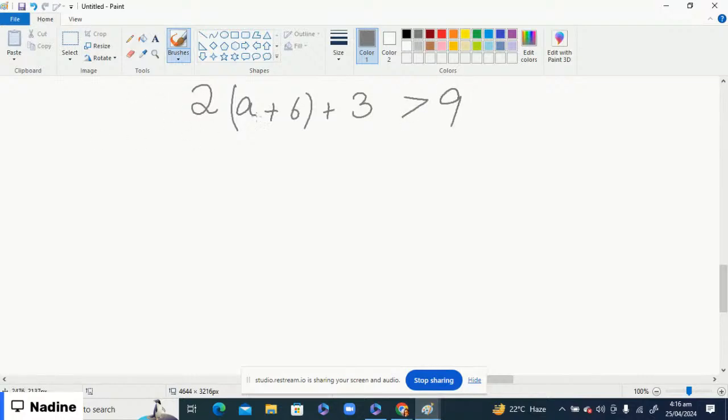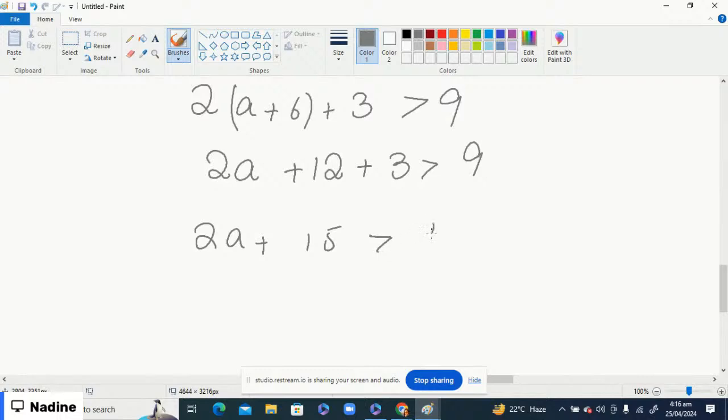Now multiply 2 with it. This becomes 2a. Then 2 times 6 is 12, plus 3. Now solve: 2a plus 12 plus 3 is 15, and then 9.